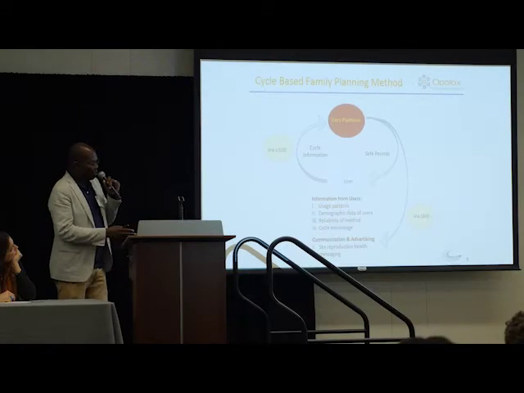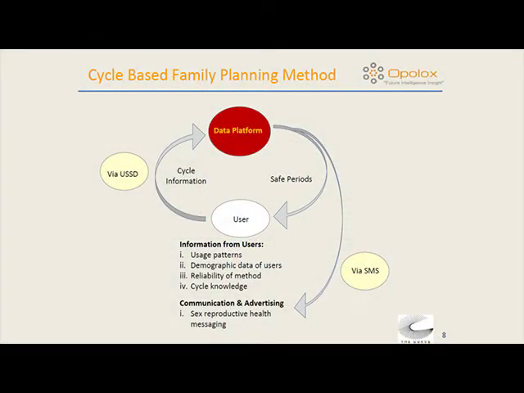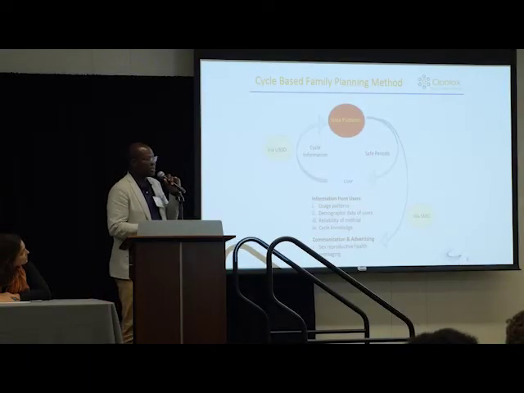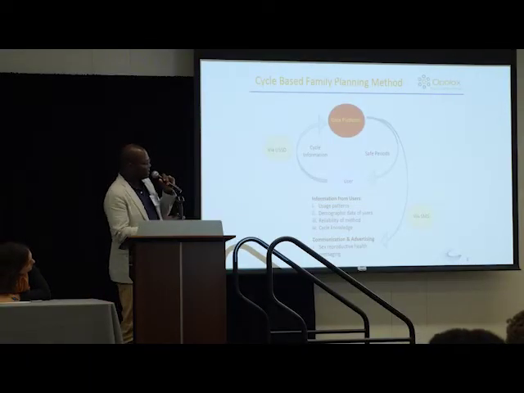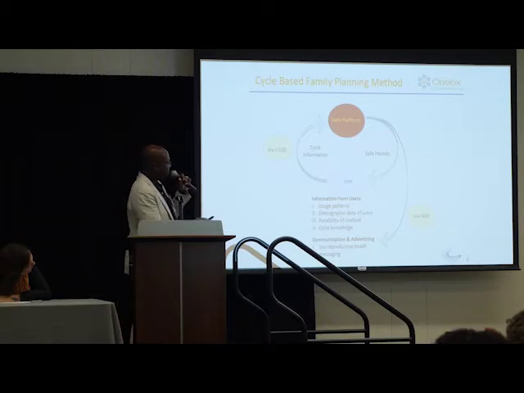Very quickly, one of the ideas we've been working on is from a feedback loop perspective. In the middle, you can see users, typically women, who can provide their cycle or safe day cycle information by USSD.